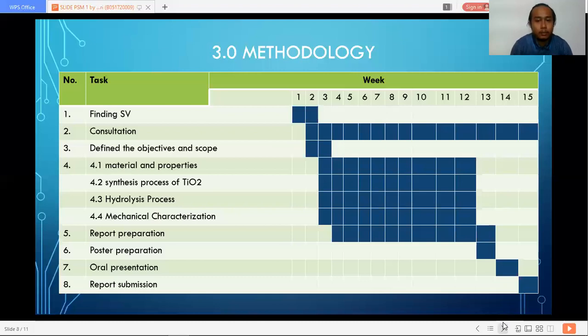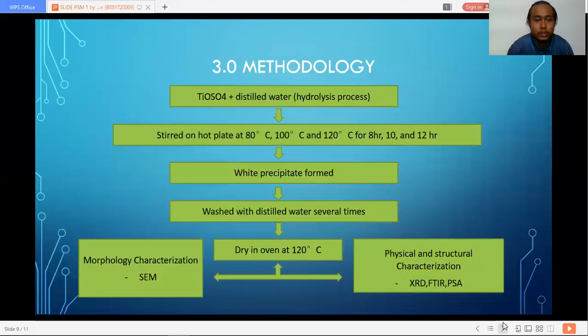Then report preparation also starts from week 4 to week 13, sorry. The poster preparation and oral presentation require 2 weeks, week 13 and 14. And lastly, report submission at the last week, week 15. So this is the methodology of the project.